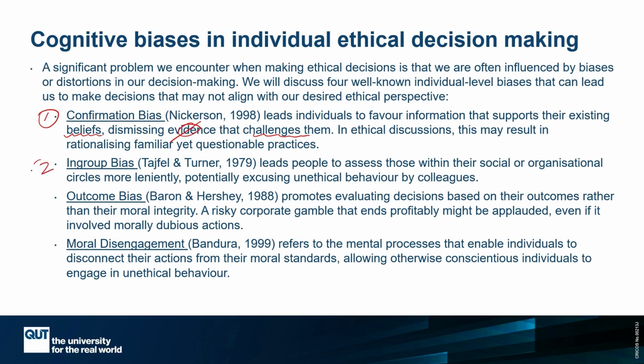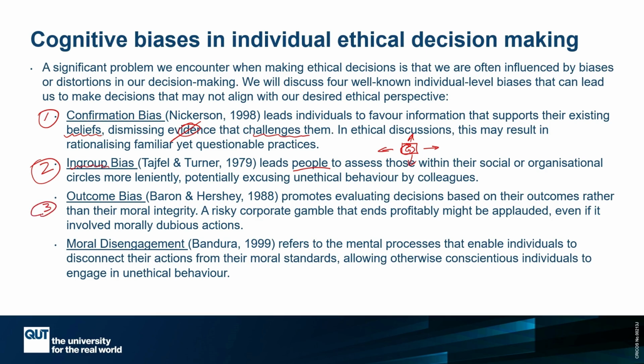A second key bias is in-group bias. When we're talking about in-group bias here, we're talking about how the person thinks, right? People categorise others as either in their group or outside their group. And we all tend to favour people within our group, however we classify that group. That can definitely affect our decision-making.